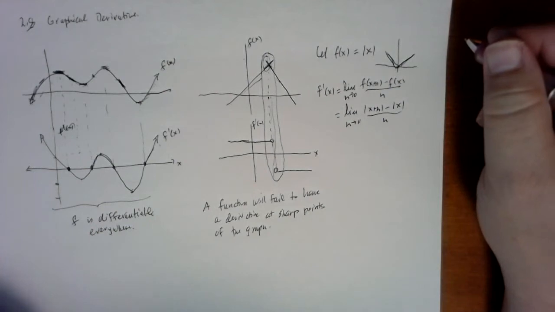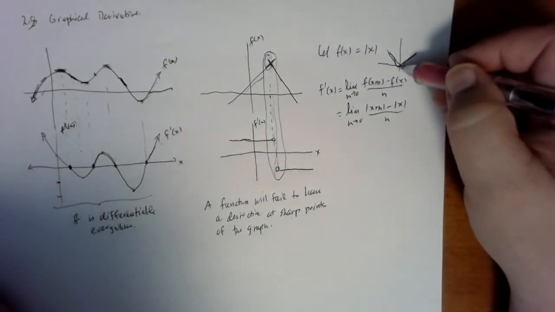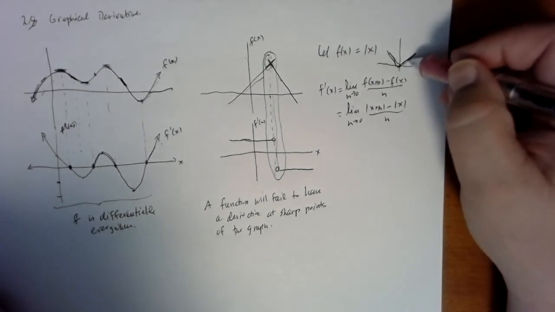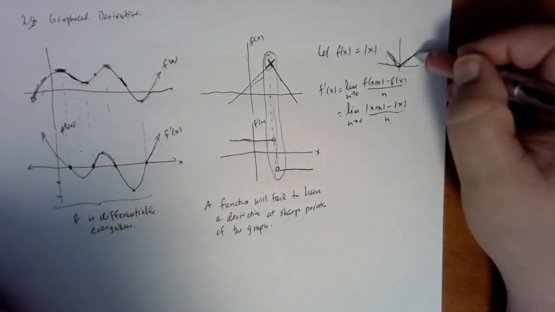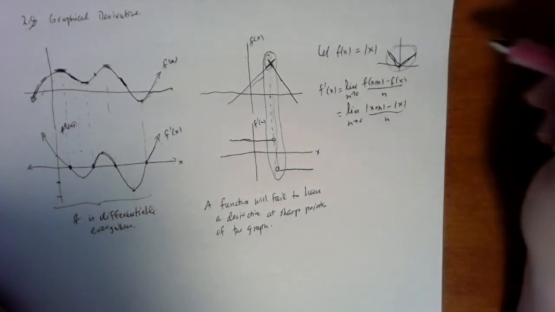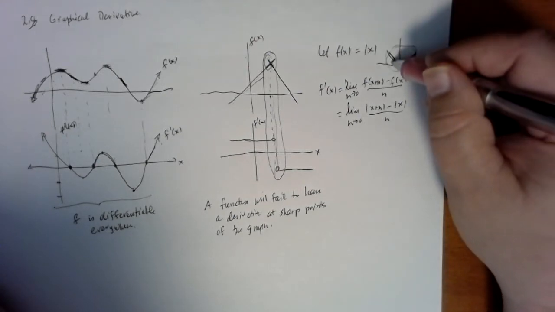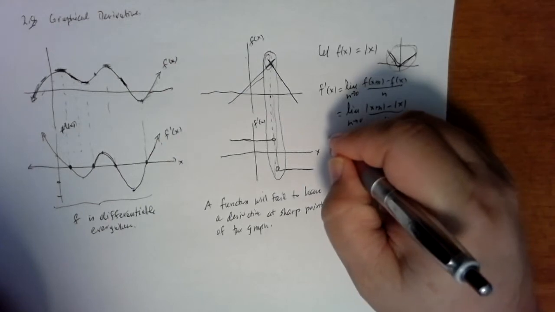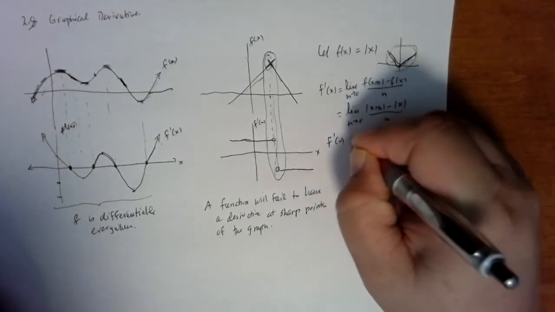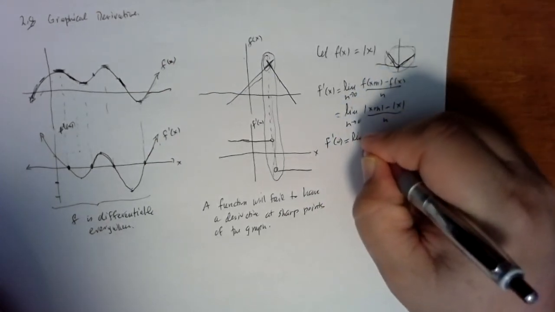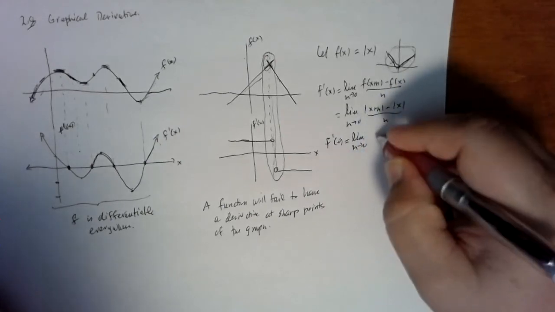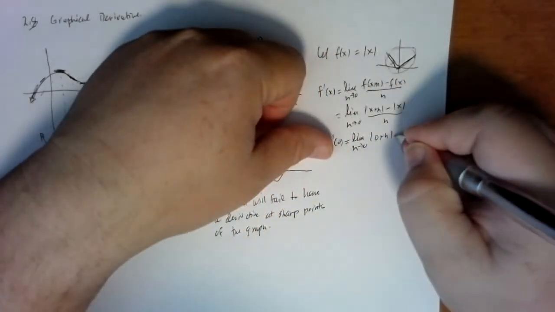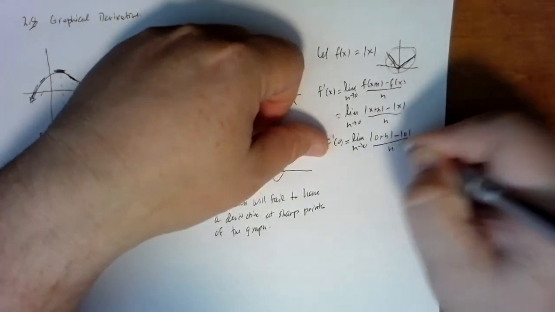Good. Now, the problem point is going to be at 0. We know that if we stay away from 0, we are going to be able to compute the derivative. It's either going to be -1 or +1. So let's be more specific and compute the derivative at 0 just to see what happens here. That's going to be 0 plus h minus 0, divided by h.